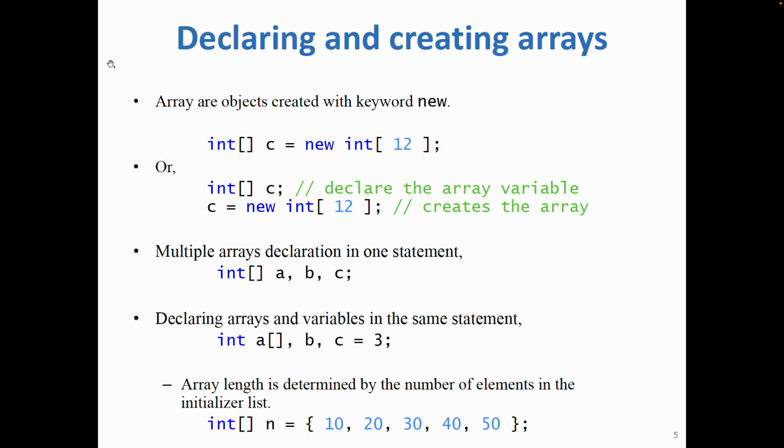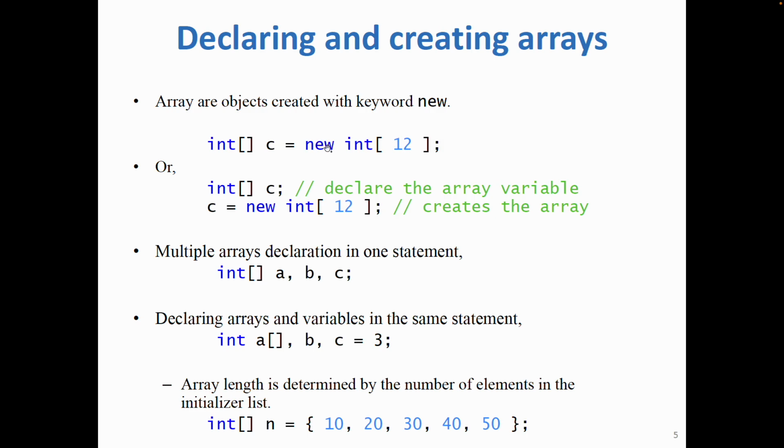Now let's look at some examples. How do we define it? int, so it's a primitive data type, and then we put these square brackets. Whenever we see square brackets opened and closed immediately, it means that this is an array of that type. So this is an integer array, and this is its name, and then we use new.